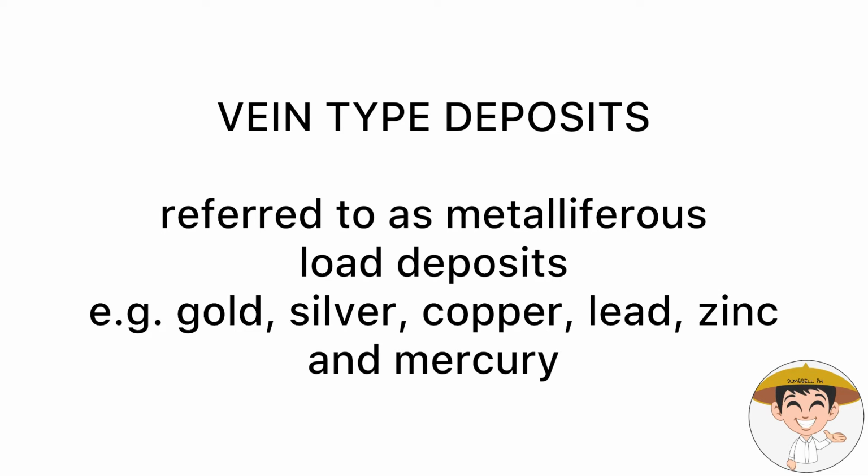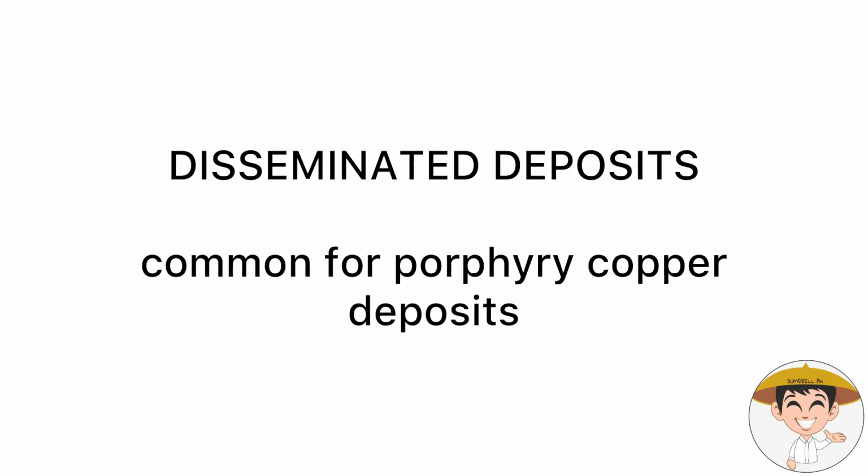Many of the most productive deposits of gold, silver, copper, lead, zinc, and mercury occur as hydrothermal vein deposits. Again, these vein-type deposits are also referred to as metalliferous lodes.